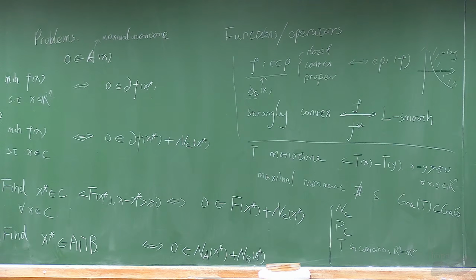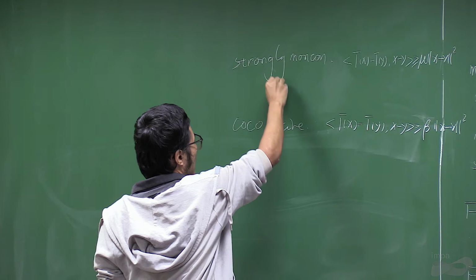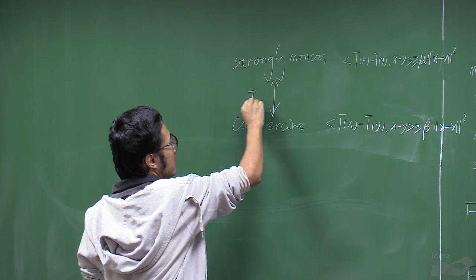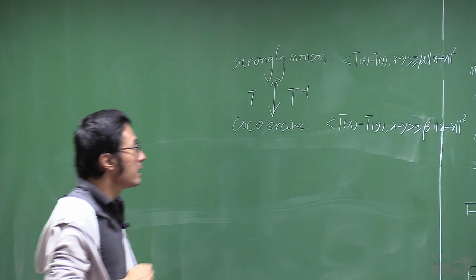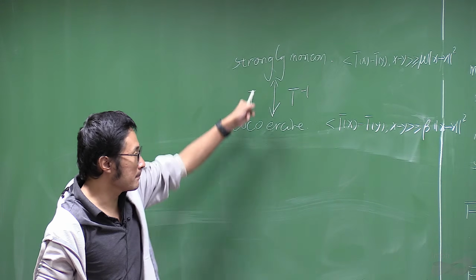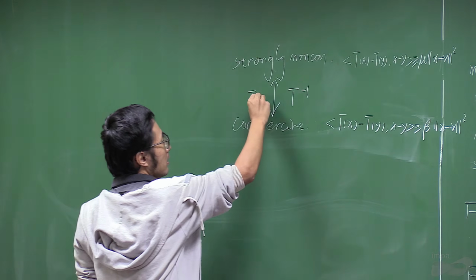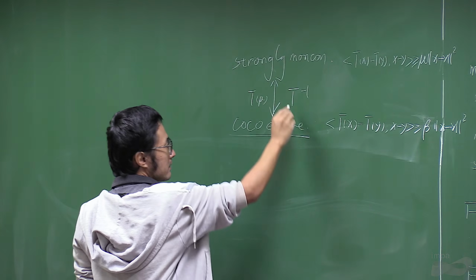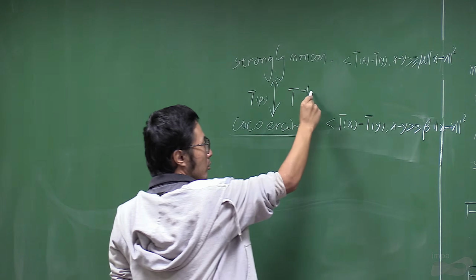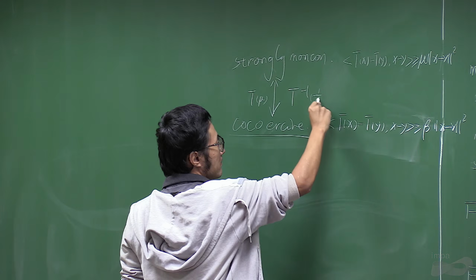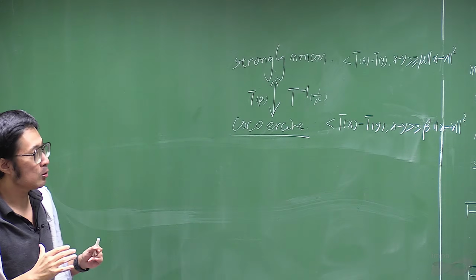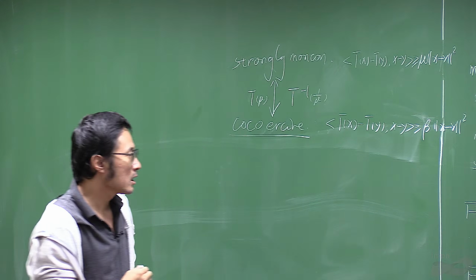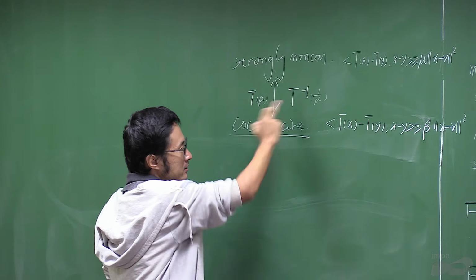These two properties are also dual with respect to the operator T and T inverse. If the operator T is strongly monotone with parameter mu, then T inverse is coercive with parameter 1 over mu.